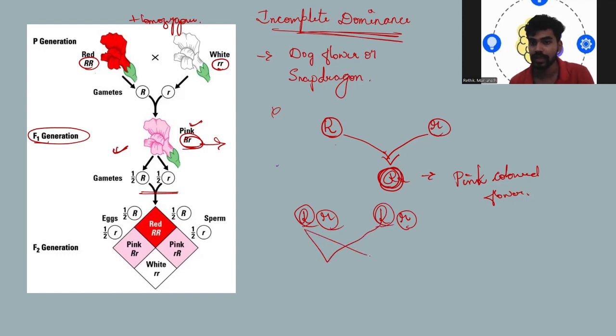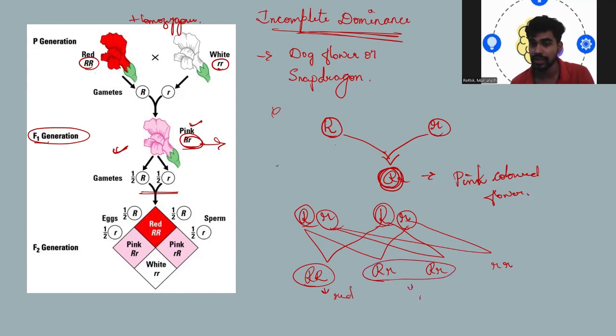When crossing is done here, it will become capital R capital R, capital R small r, capital R small r, and small r small r. So one will be red in color, these two will be heterozygous, which is pink in color, and this is white in color.